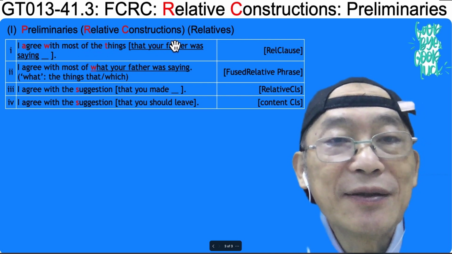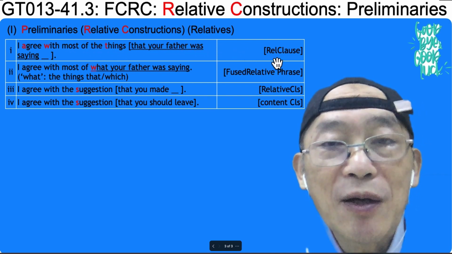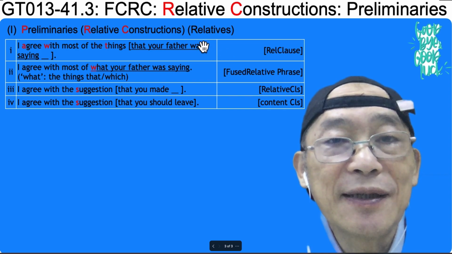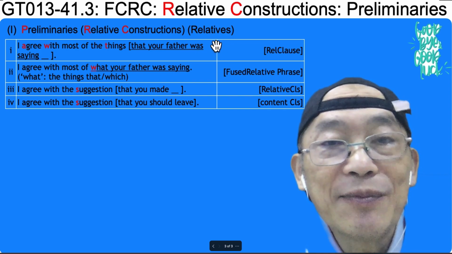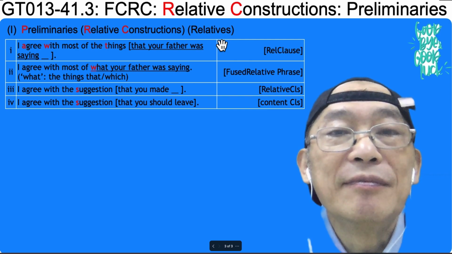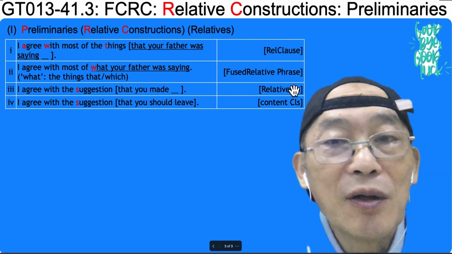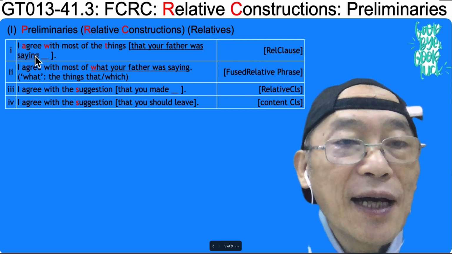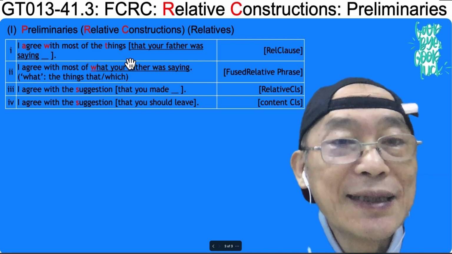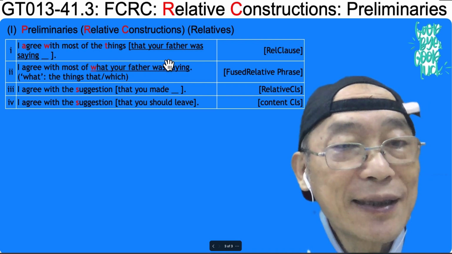Preliminaries: relative constructions could be a clause or a phrase. Sometimes we will just say relatives for the clause or phrase. I agree with most of the things that your father was saying.